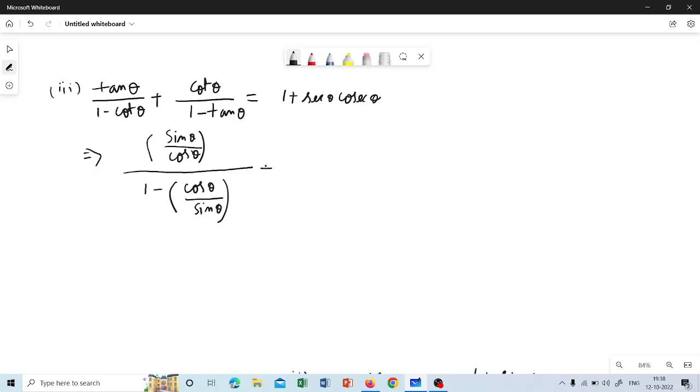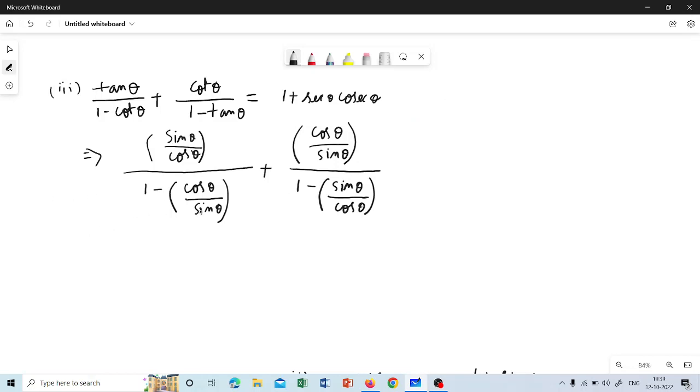So plus, again I will write in this form. The numerator will be cot theta, so cos theta by sin theta. So this is there, and then 1 minus sin theta by cos theta. Now this expression is looking very complex, a little bit complex at least.